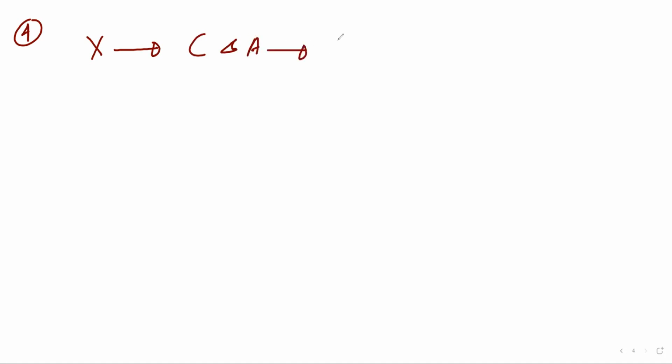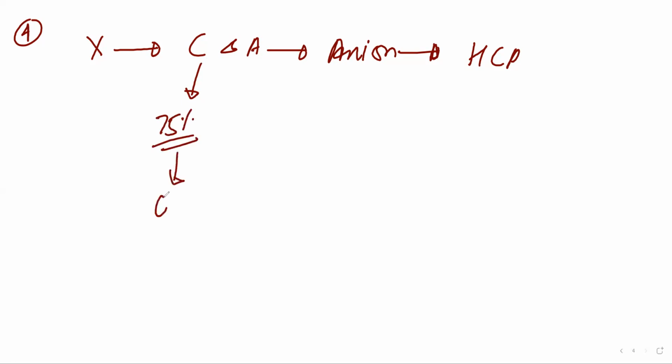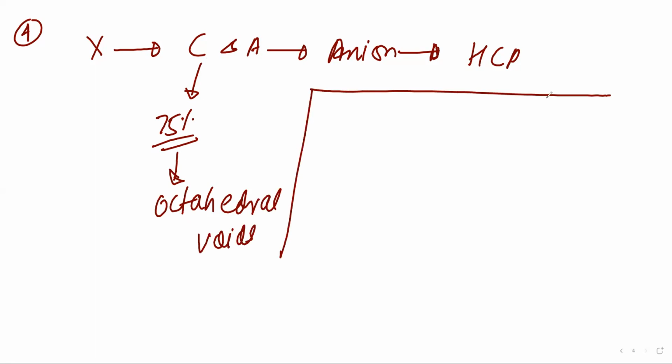So A is nothing but your anion, following hexagonal close packing, and the cation occupies 75% of the octahedral voids. Right. So what is the formula of the compound?